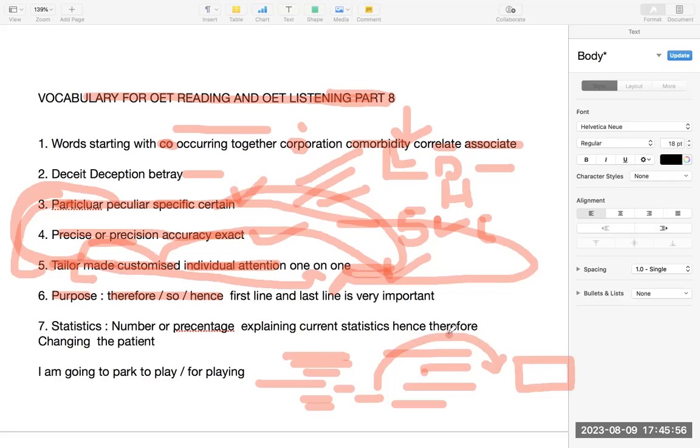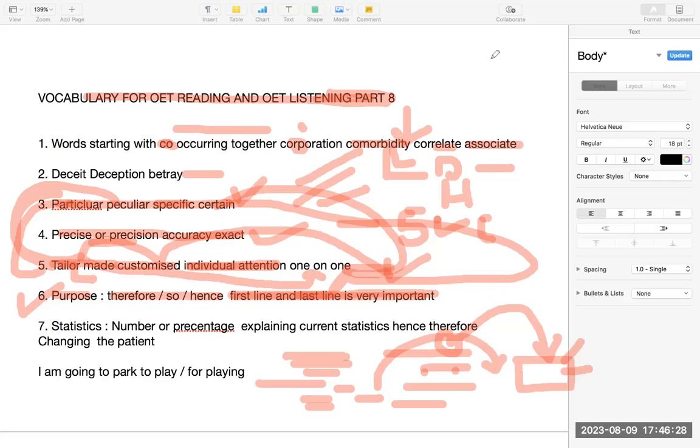That means this is the purpose: changing the way to deal with the patient. Most of the time, it is therefore would be given in the first or the last line. So whenever there is a question related to purpose, the first and last line have the most chances of having the answer, especially the last line, because in the last line it would be concluded what the purpose is.